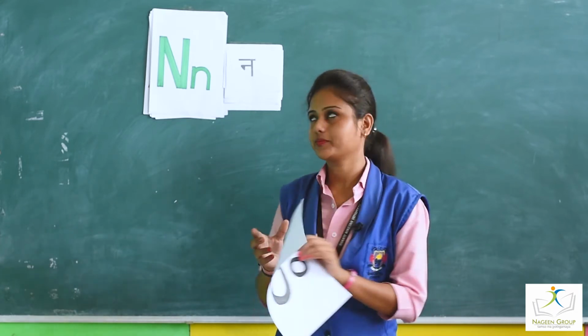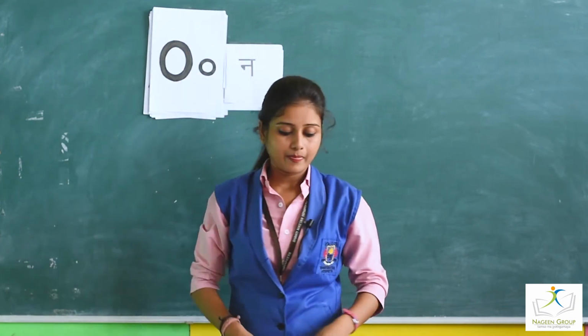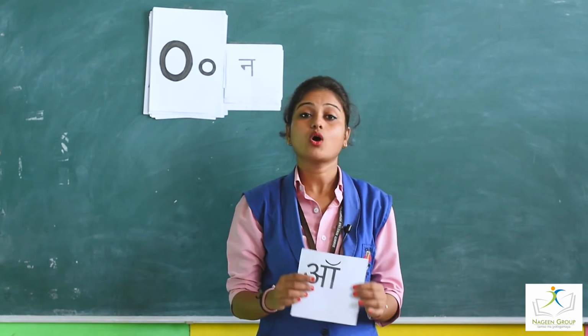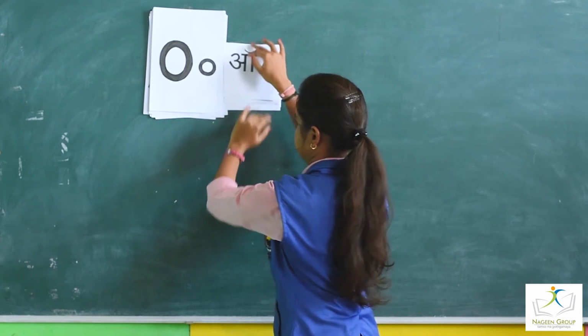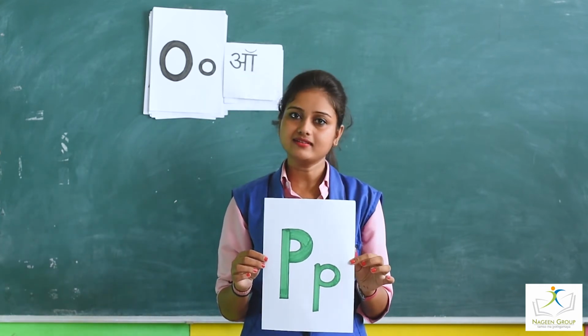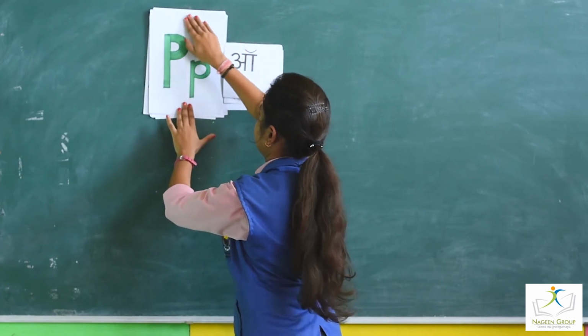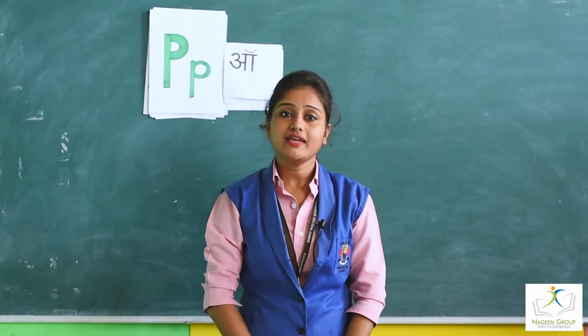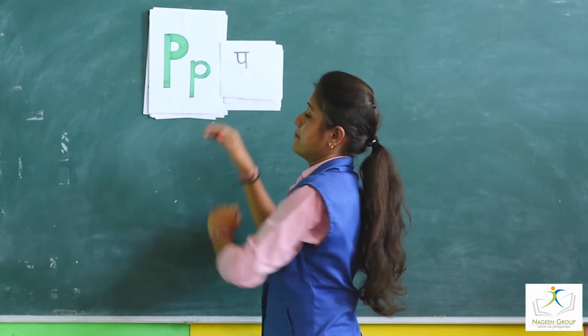Letter O. O sound is O, O, as in orange. Next letter is letter P. What is this? Letter P. The sound of letter P is pa, pa, as in parrot.